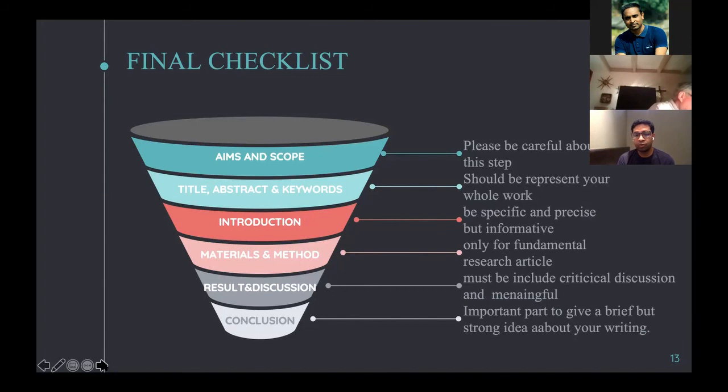In the case of a review paper, you write the results and discussion. Finally, you conclude your main observations from your research paper. In the case of a review paper, you summarize your whole review. And at the end, you should write some future outlook that could be helpful for the next generation.